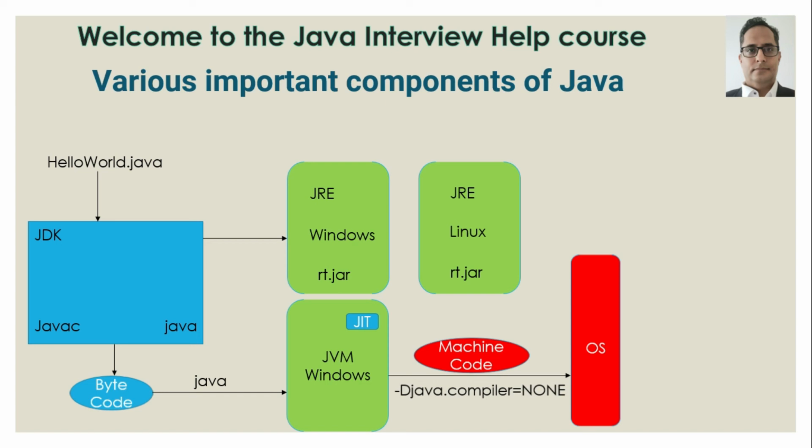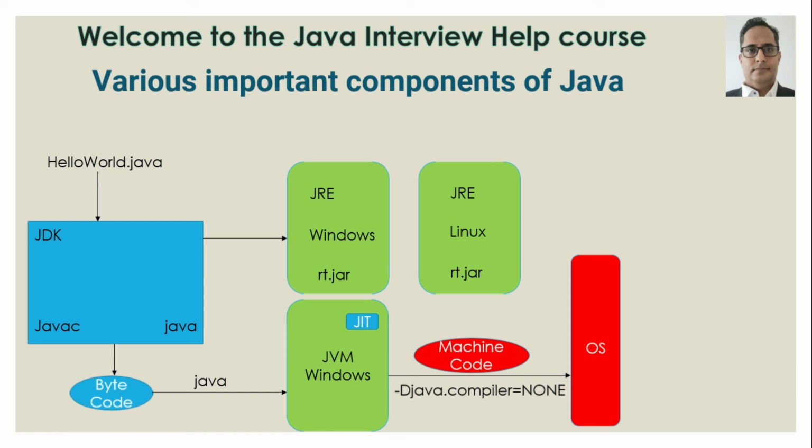If we don't use the JIT interpreter or compiler, the JVM will translate the entire bytecode into machine code, and it will execute against the operating system.